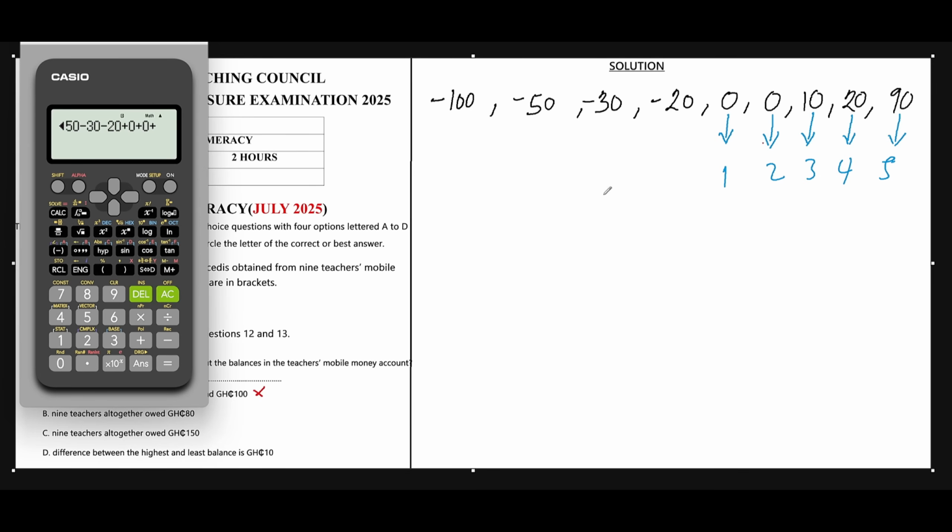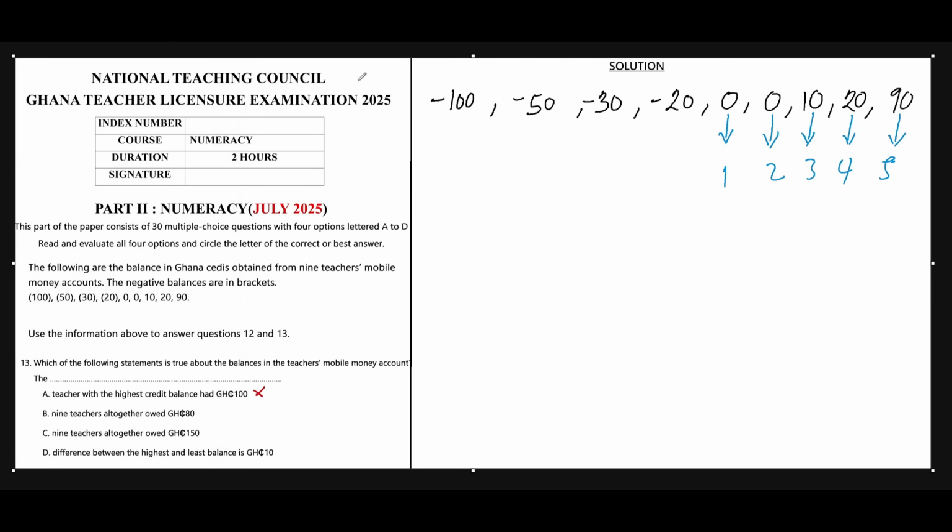The next teacher has a credit of 10 Ghana cedis. The next has 20 cedis. And then the last teacher has 90 cedis. So let's see their total balance. So they still owe. So 9 teachers altogether owe 80 Ghana cedis. So I think option B is true.